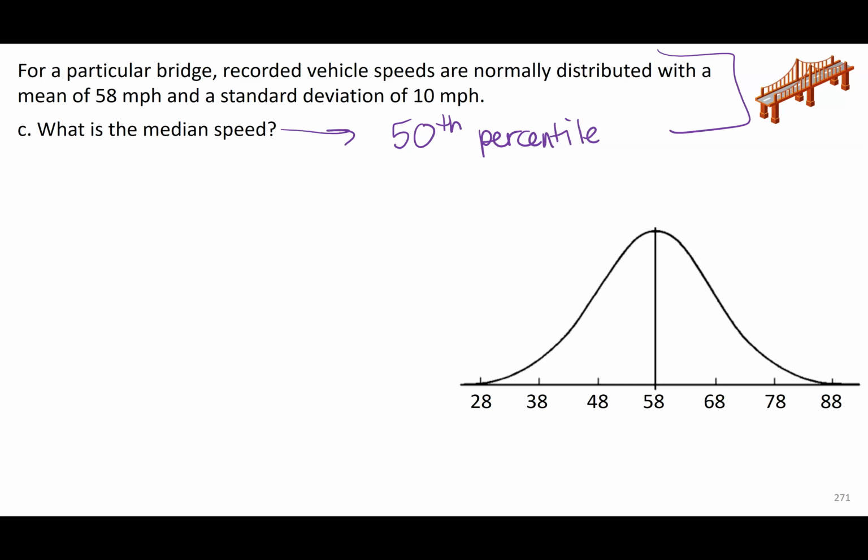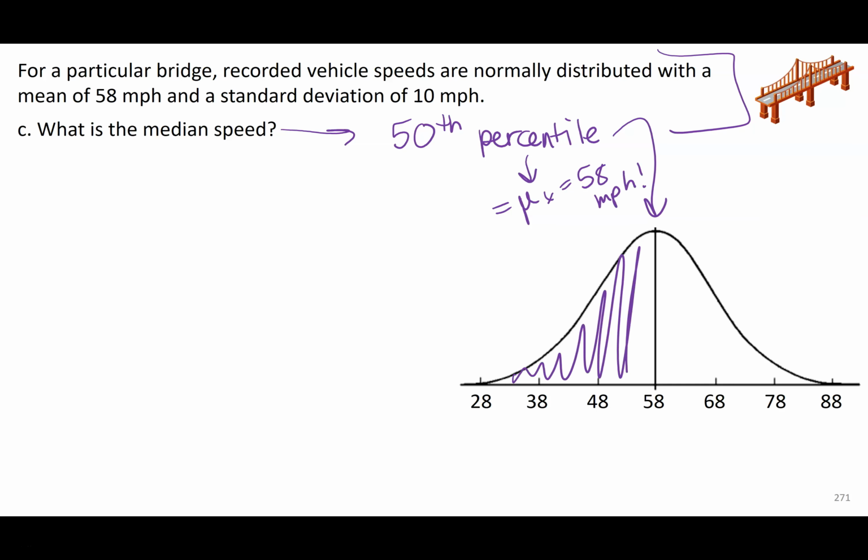We want to know where exactly half are above and half are below. For me, I usually jump straight to, oh, it's the mean. It's 58 miles per hour. And that's correct, but we're going to go through some of that logic here. So we want the 50th percentile.